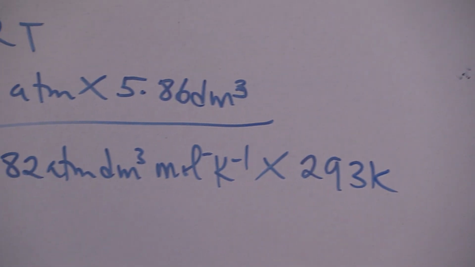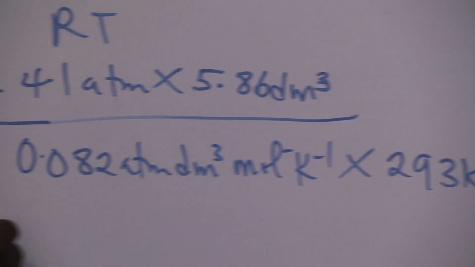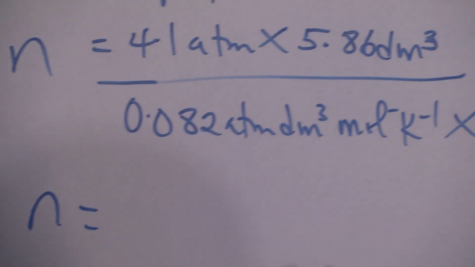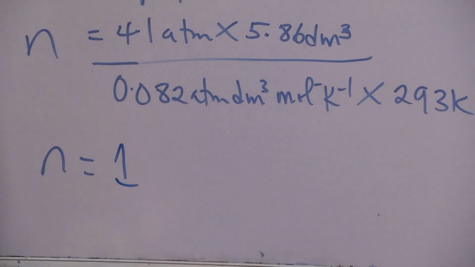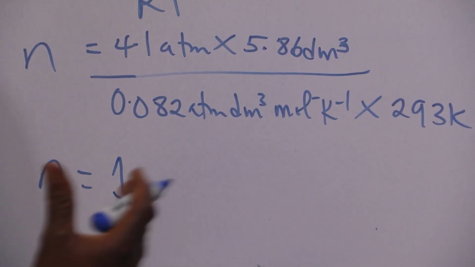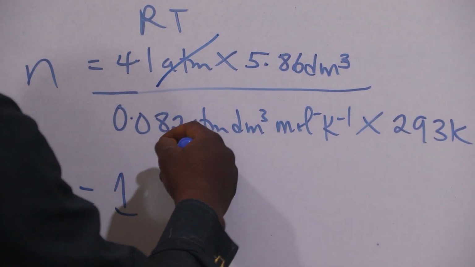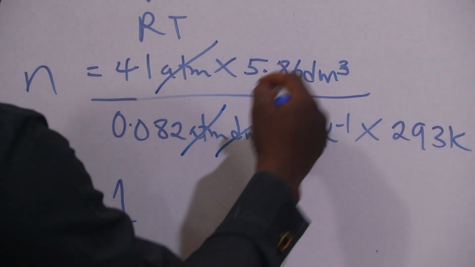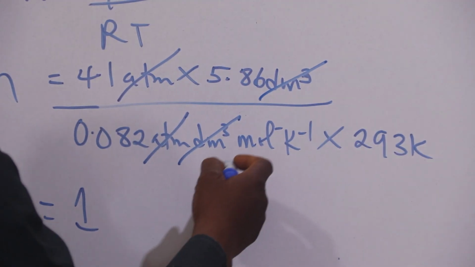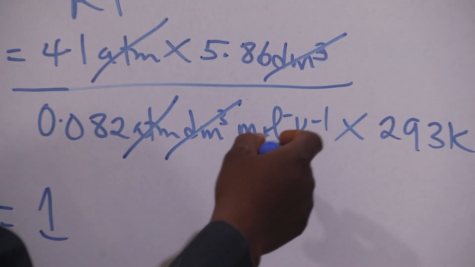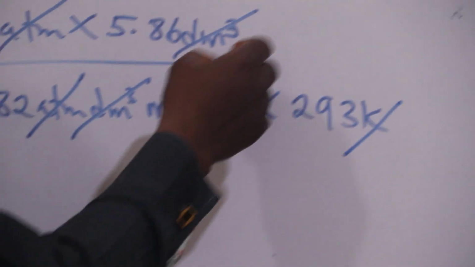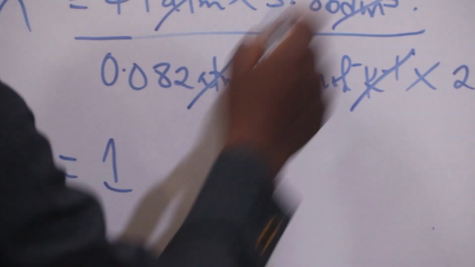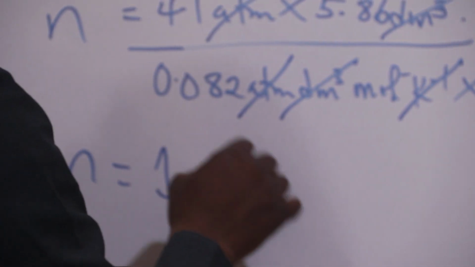The number of moles, when you press your calculator, you get 1. But what's going to be our units? atm goes with atm, dm³ goes with dm³, and of course Kelvin goes with Kelvin. So we have moles, because you have 1 here, we have moles.